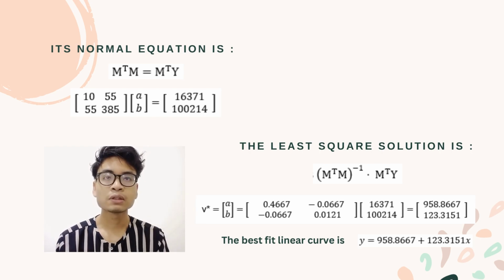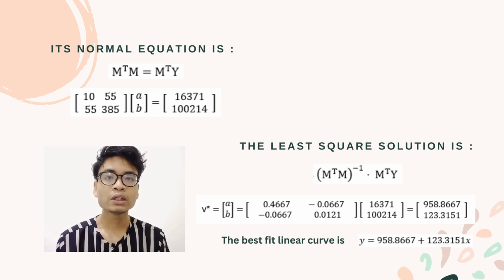Next, we must invert the matrix M transpose M. Then we must find the answer for M transpose Y. From all the calculations, we can obtain the least squares solution by multiplying the inverse of M transpose M with M transpose Y. So we already have the values for A and B. Then we can obtain the best fit linear curve by keying the values of A and B in Maple.